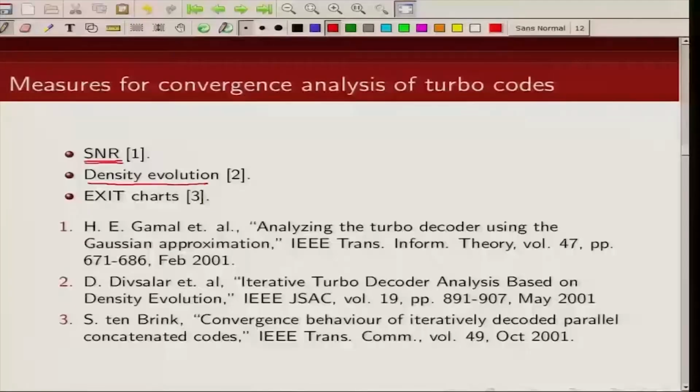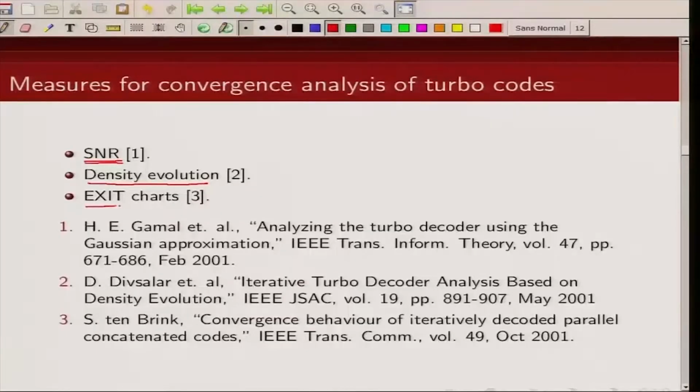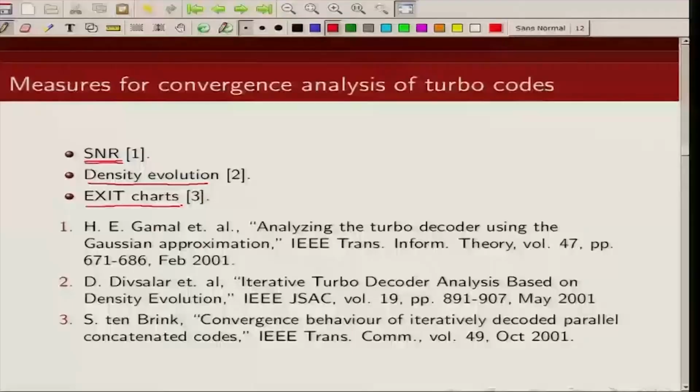In the density evolution method by Divsalar and others, they actually look at the density of this extrinsic information, how it grows with iteration. And this approach of Ten-Brink, which is known as the extrinsic information transfer chart, uses mutual information as a parameter to observe how your extrinsic information is growing with iterations.